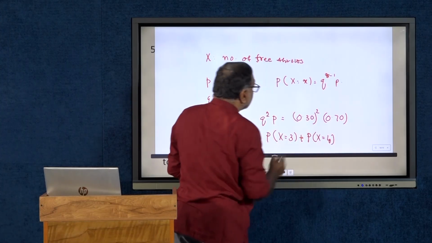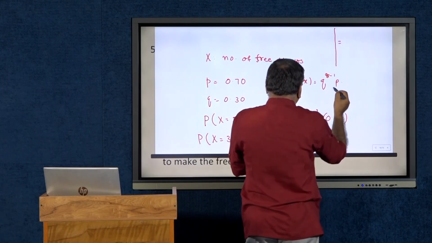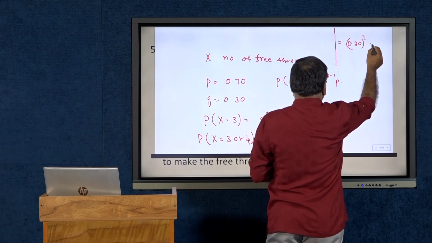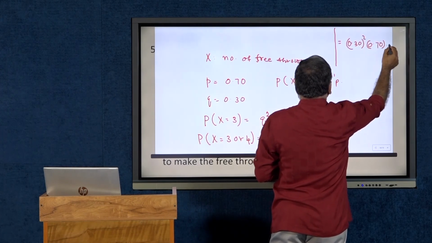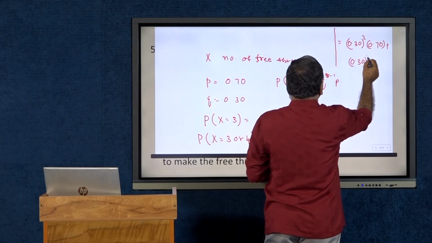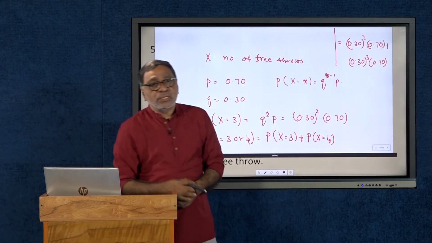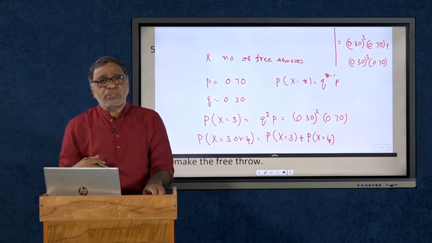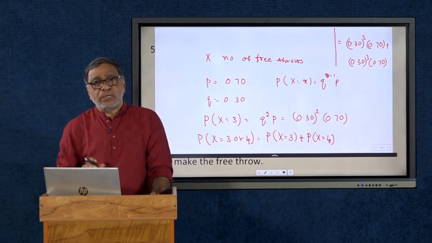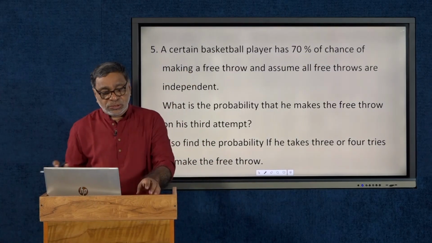The probability of X equal to 3 is 0.30 squared times 0.70, plus the probability of X equal to 4, that is 0.30^3 times 0.70. Simplifying that, you will get the answer. So these are some simple examples where we can apply the geometric distribution to get probability values.